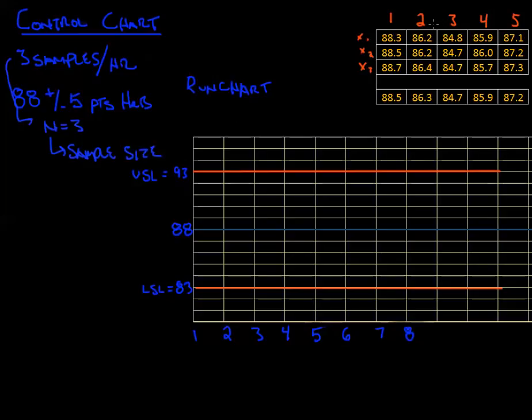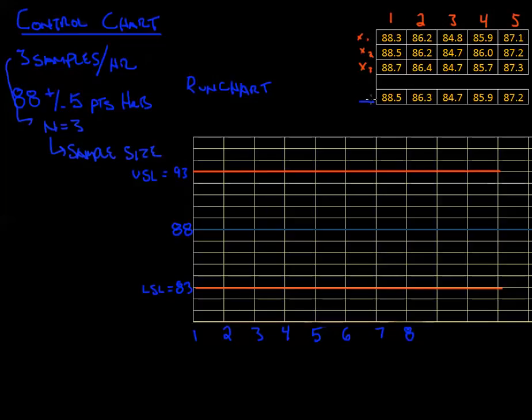So here's my data over here. And what I've done ahead of time is I've taken the arithmetic average, just the average. So I've added these 3 in this case, divided by 3, and these are my values. So here's my individual values, 88.3, 88.5, 88.7 in my first hour. So the average is 88.5.